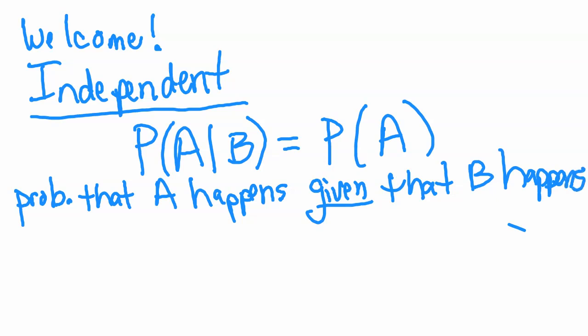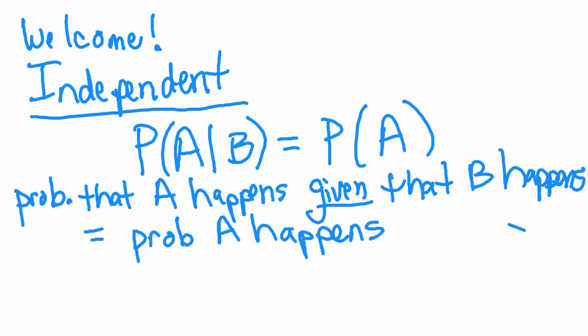It's the probability that A happens given that B happens is equal to the probability that just A happens. So if we know that A happens despite B and A happens anyway, then that has to be independent. This means B has no effect on A.